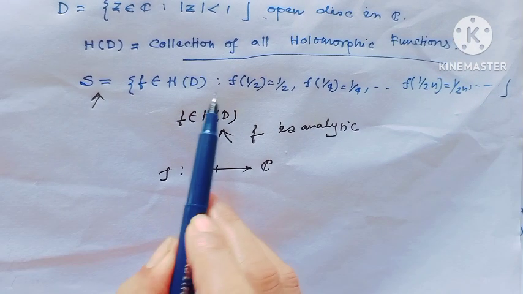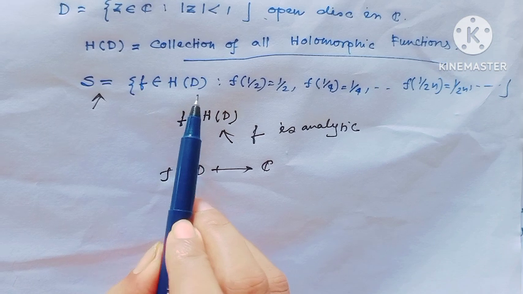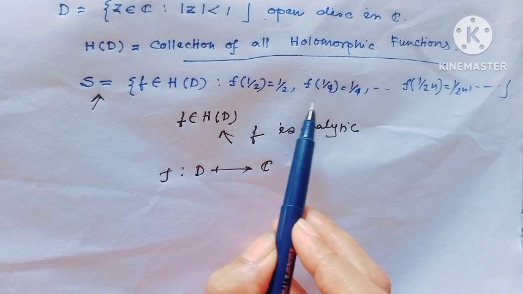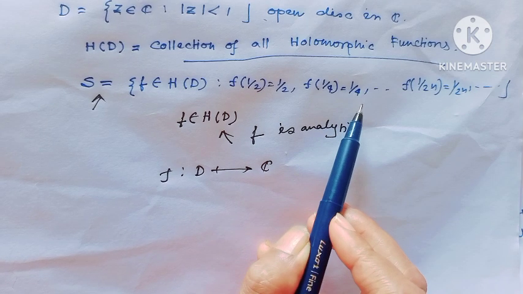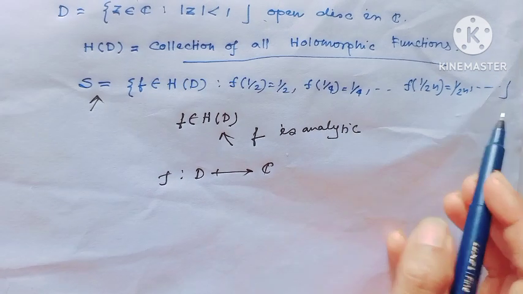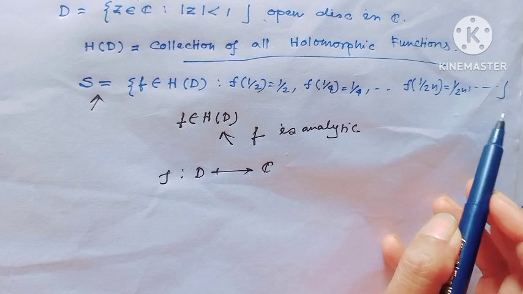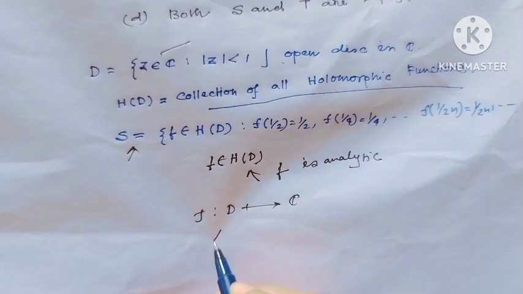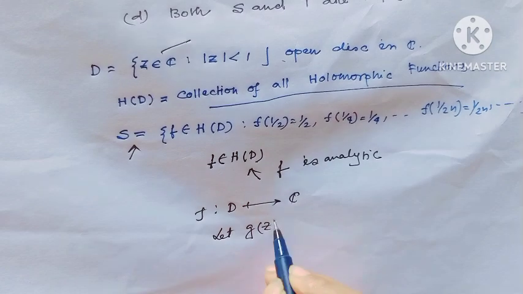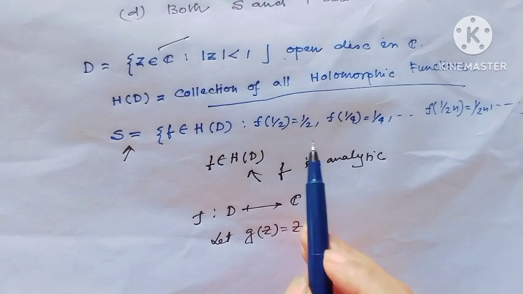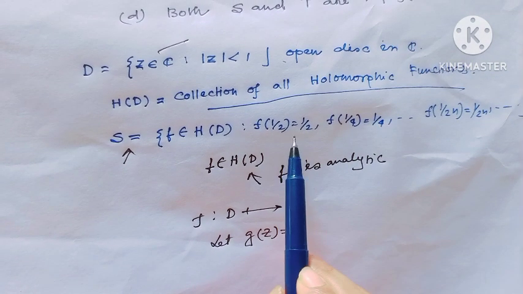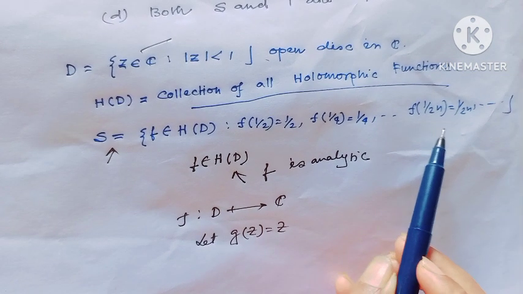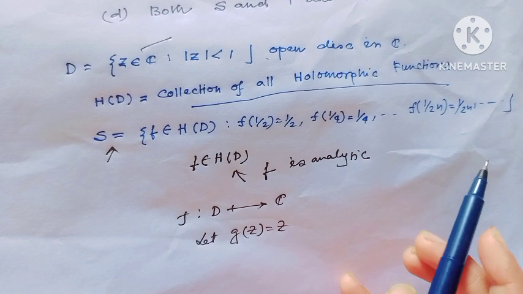Since the set S is f belonging to H(D) such that f(1/2) equal to 1/2, f(1/4) equal to 1/4, f(1/2n) equal to 1/2n, for this, consider g(z) equal to z. This is the consideration. Given f(1/2) equal to 1/2, f(1/4) equal to 1/4, up to f(1/2n) equal to 1/2n.